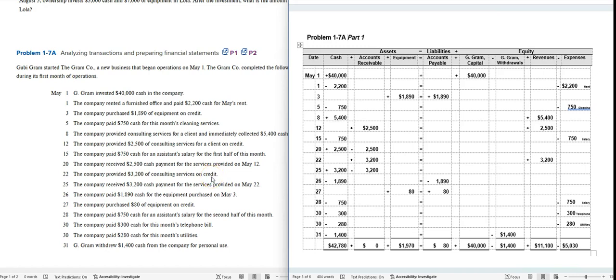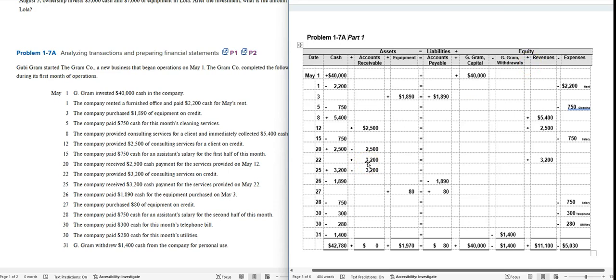Our accounts receivable is increasing. Revenues are going to increase $3,200 and accounts receivable increase $3,200. More revenues are recorded. The more the revenues increase, the more they cause equity to increase. Receivables are now increased as well.